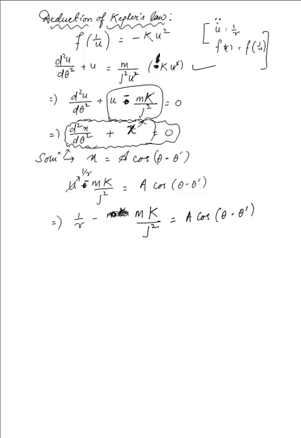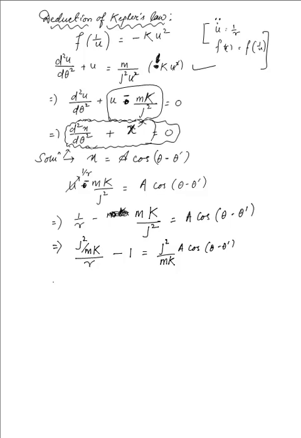And to present it in a decent way, what we can do is multiply this entire term by this j square by mk whole divided by r for the first term. In the next term, this will be minus 1, and on the right hand side we have j squared divided by mk, and you have a cos of theta minus theta dash.